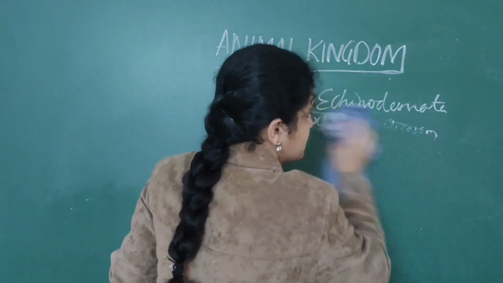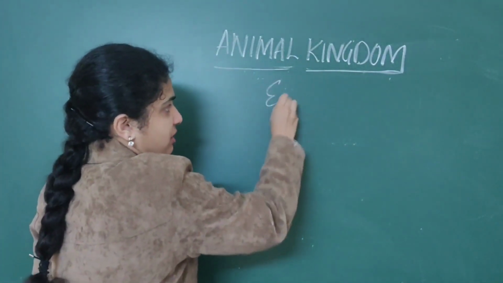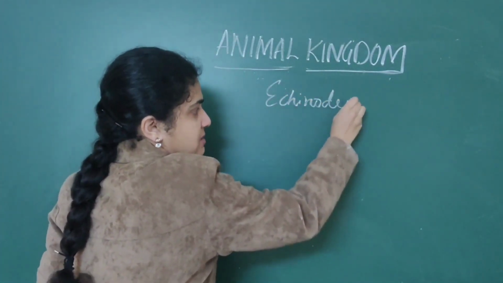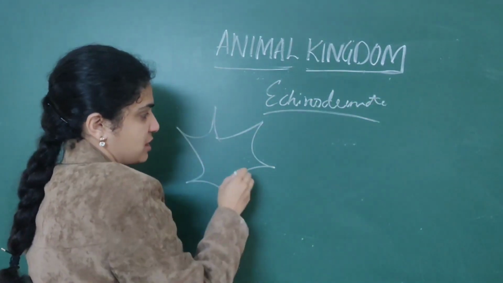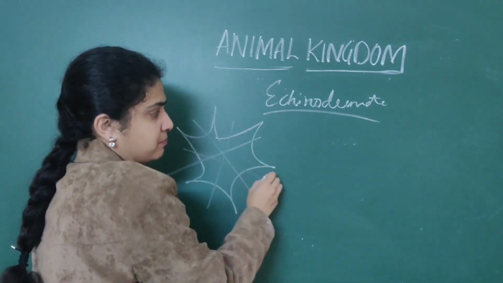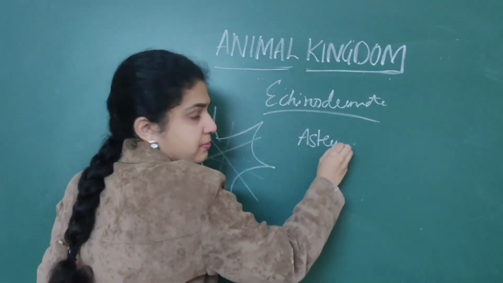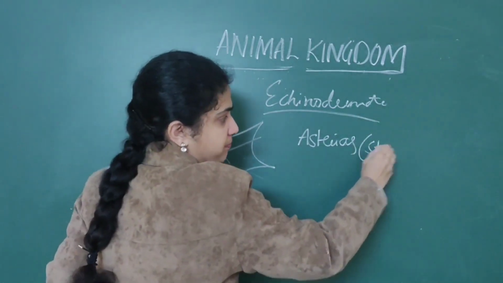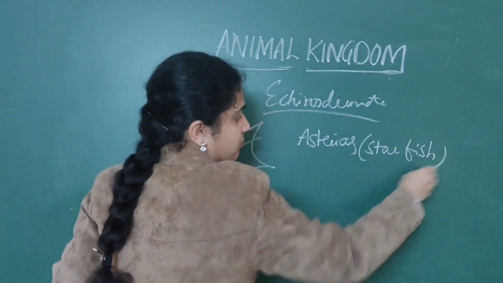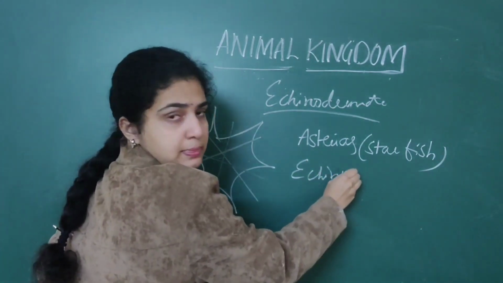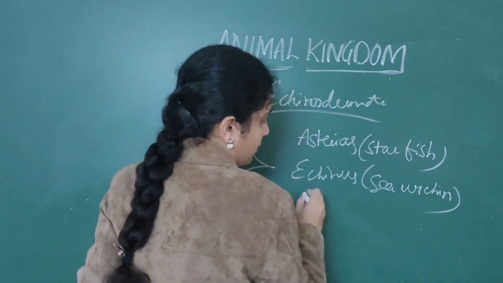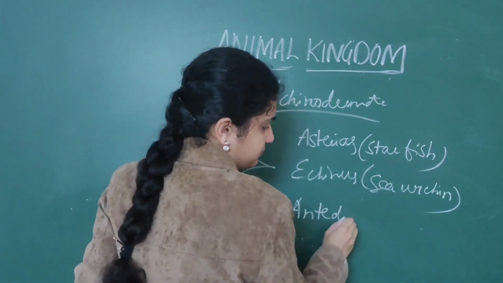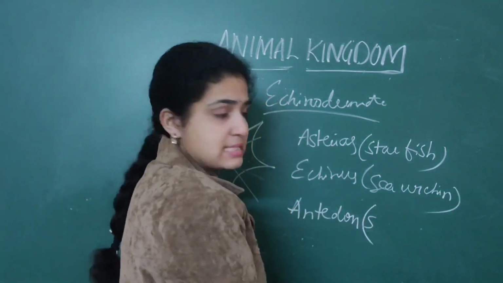Now the important examples of Echinodermata. Starfish are radially symmetrical. Asterias is starfish. Echinus, sea urchin. Antedon, sea lily.